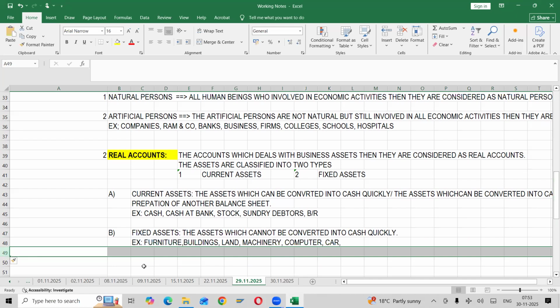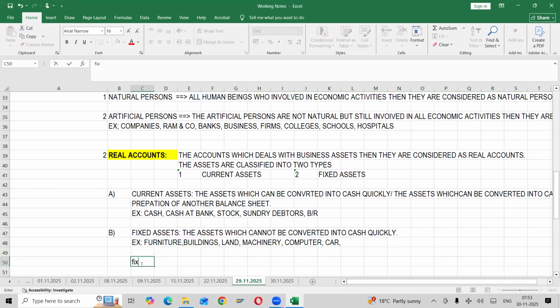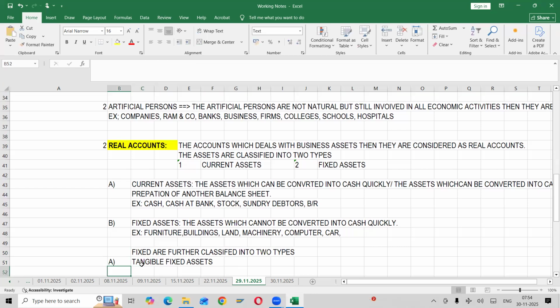Again, fixed assets. When I talk about fixed assets, they are further classified into two types. One is tangible fixed assets, and the second one is intangible fixed assets.